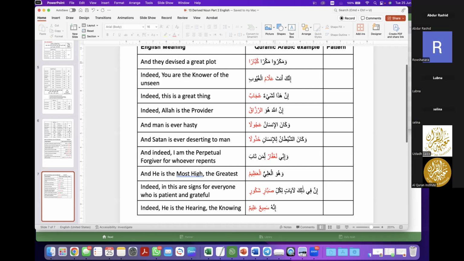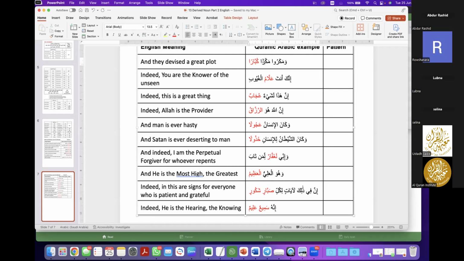Now, this is a verb, correct? Sister Lubna, what is this? We just studied maf'ul five times. Can you see anything here? Makran. I think this is a maf'ul. Which maf'ul? Maf'ul bihi, maf'ul lahu, maf'ul fihi?